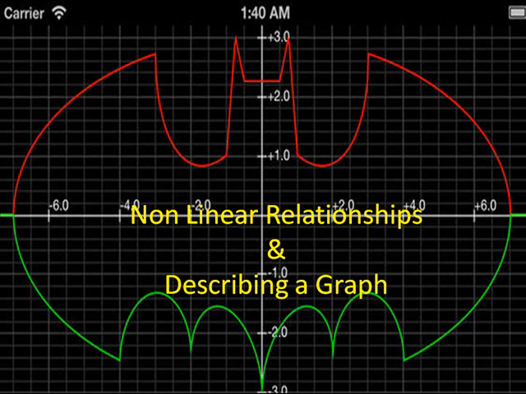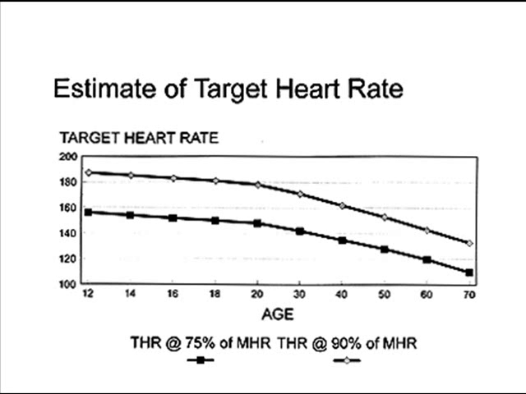Now let's talk about nonlinear relationships and describing a graph. See, in this case, there's not a linear relationship. What we mean by that is, as the age of a person gets larger and larger, then the target heart rate gets lower and lower. Well, that's true, but there's a better description here.